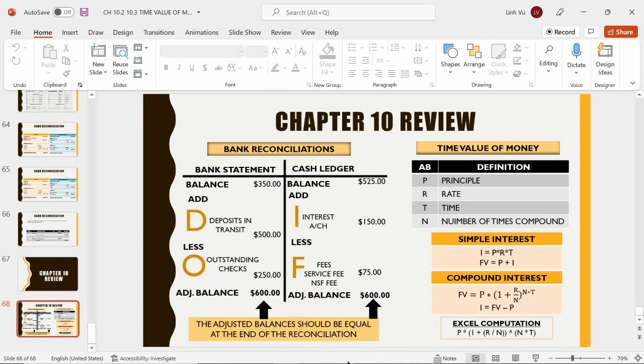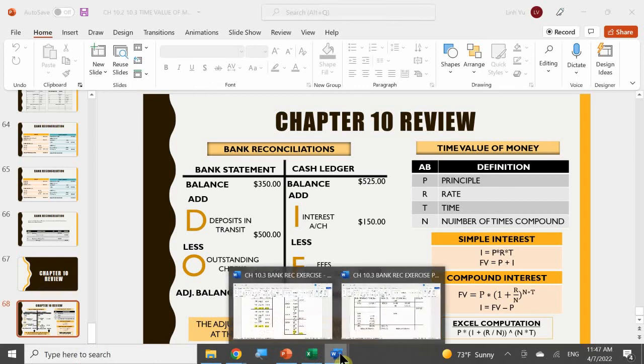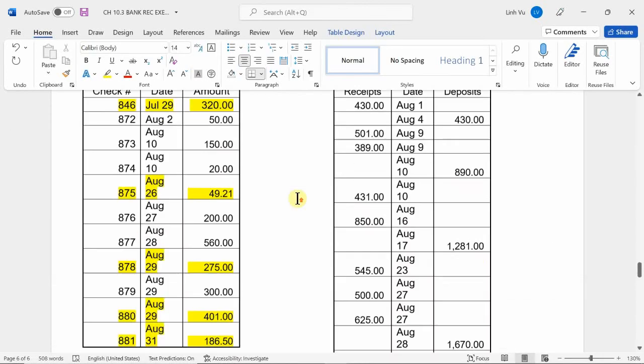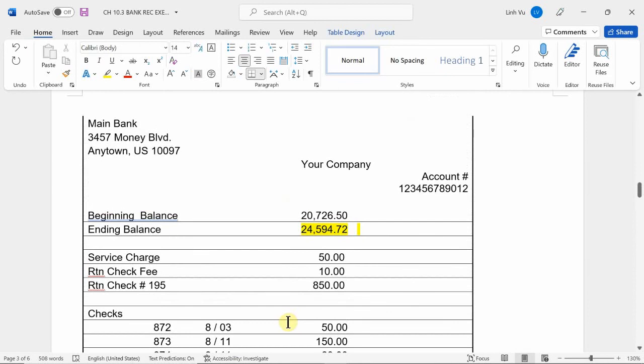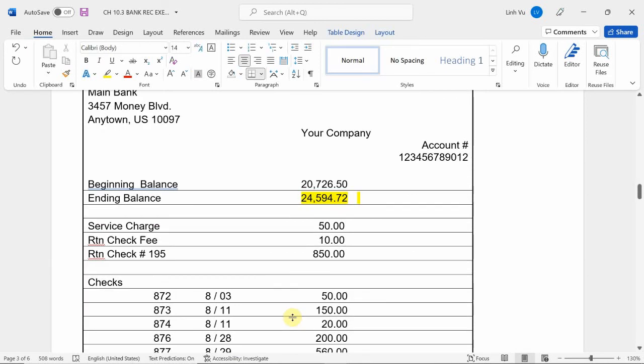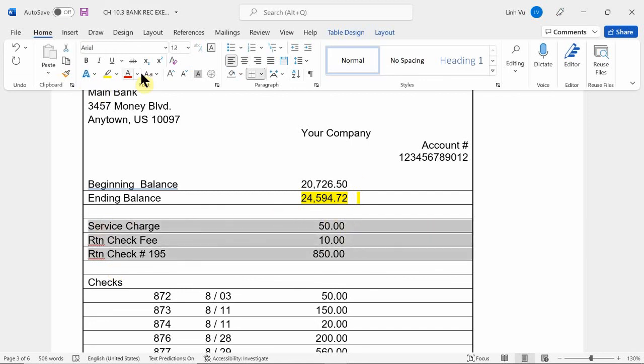The fees. Okay. Service fees. So what fees did they charge me? $50 service charges, and $10.